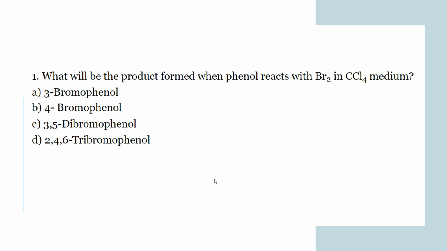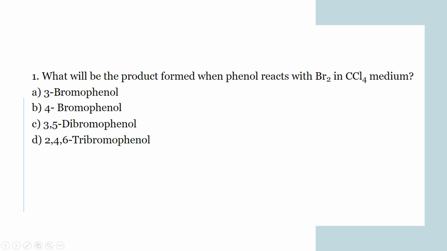Then we can expect that when it reacts with the weak electrophile Br positive, we can expect either 2-bromophenol or 4-bromophenol or 2,4,6-tribromophenol. Bromine will be introduced only on the ortho and para positions.